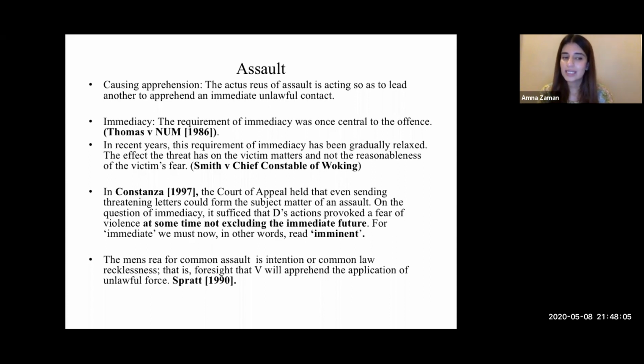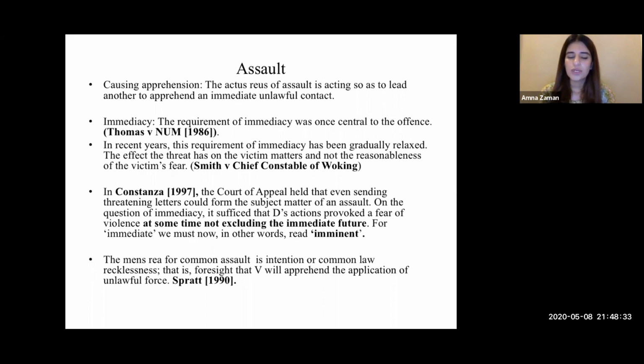Since the requirement of immediacy was not fulfilled, which means that the defendants could not have immediately inflicted violence and could not have carried out the threatening gestures they were making to the victims, the conviction could not be secured. However, in recent years, this requirement of immediacy has been relaxed.